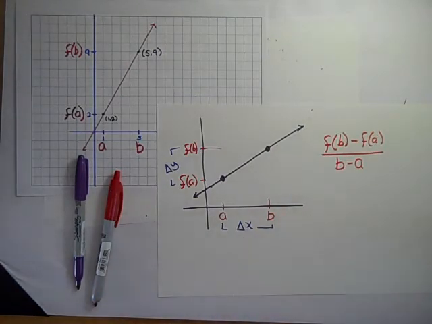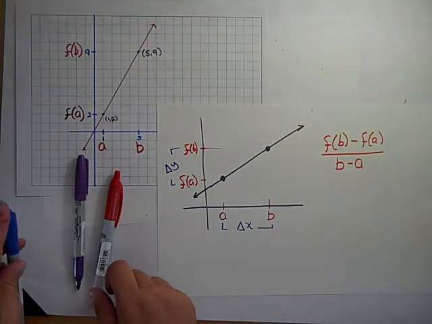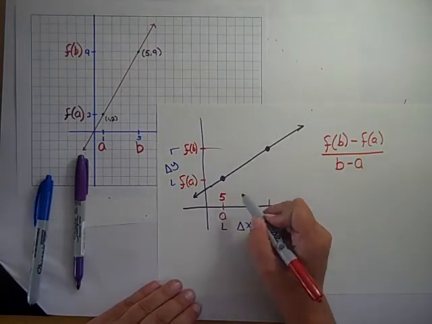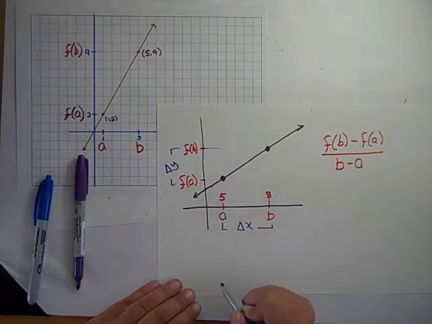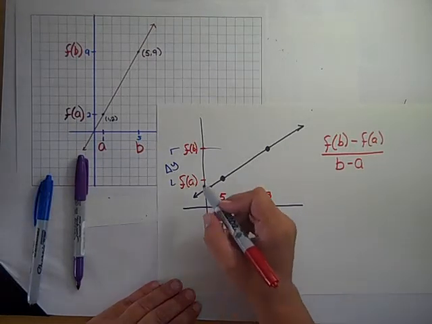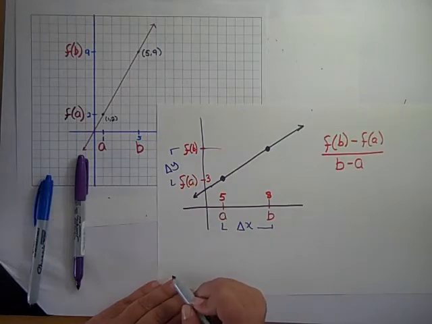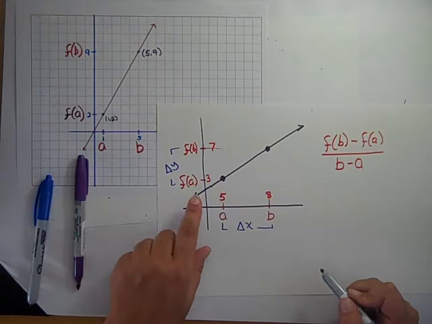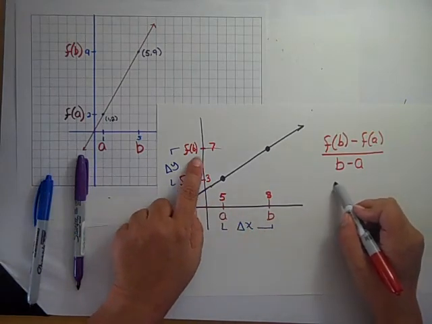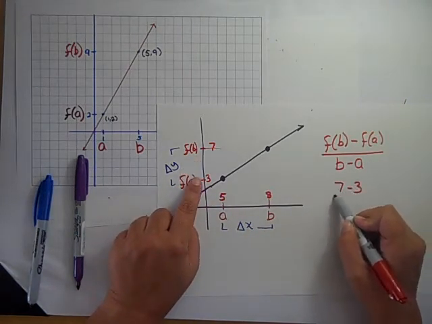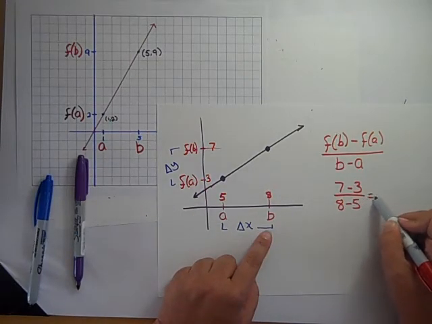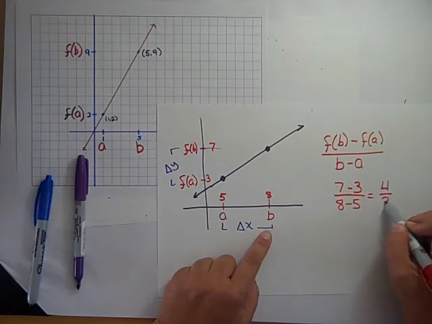And then let's do it backwards. Let's pretend like we did have numbers to go with this graph. So let's say that this was 5, and this x value is 8. And let's say that this y value is 3, and that this y value is 7. So what would our slope be? It would be 7 minus 3 over 8 minus 5. So we'd get a slope of 4/3.